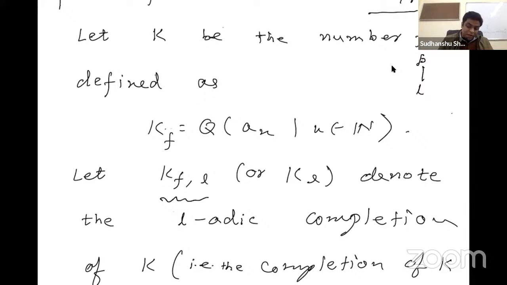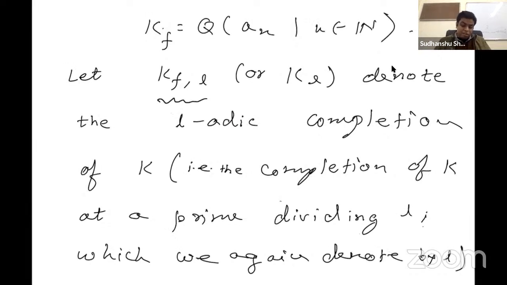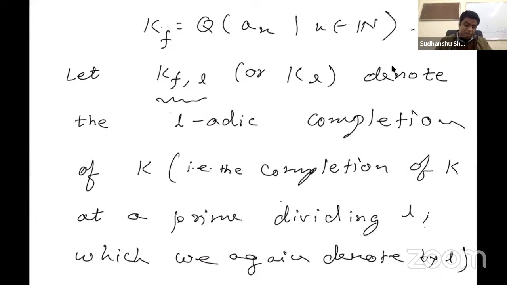Of course, if there are finitely many primes, you get finitely many such completions. But I'll use a kind of abuse of notation because that will not create any confusion here. For all such primes, I'll use the same notation, I'll denote it by K_ℓ itself. So K_ℓ is the completion of K_f at a prime of K_f dividing ℓ.